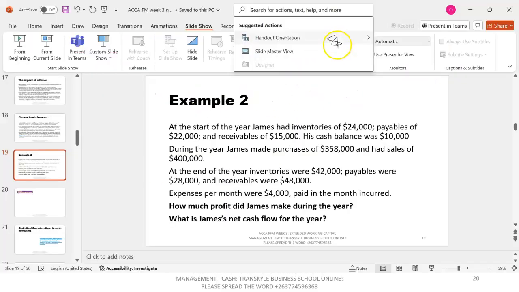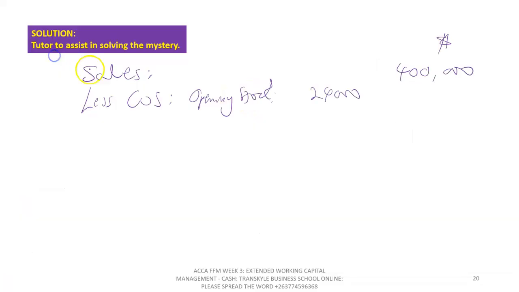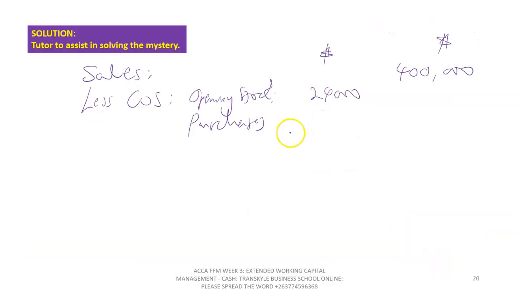So we need another column. And then the purchases, we need to add the purchases figure. We are told that they bought items worth 358,000.